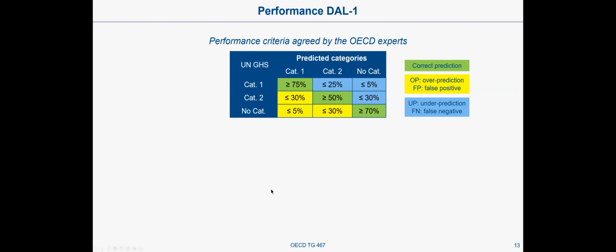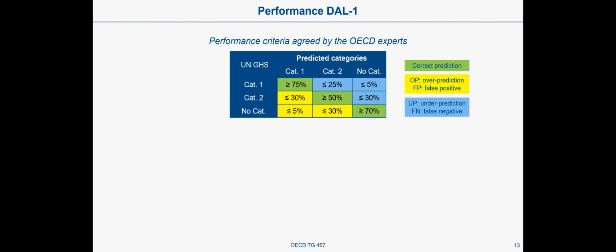Then we'll look at the performance of the defined approach 1. During the development of the defined approach, and after submitting the defined approach to the OECD expert group, performance criteria were agreed by the OECD experts.